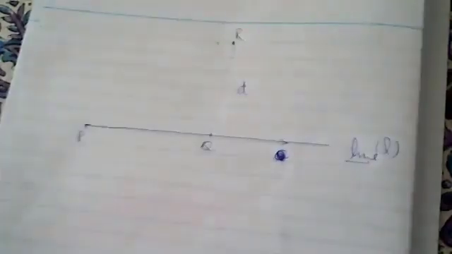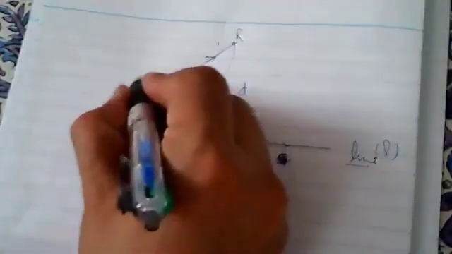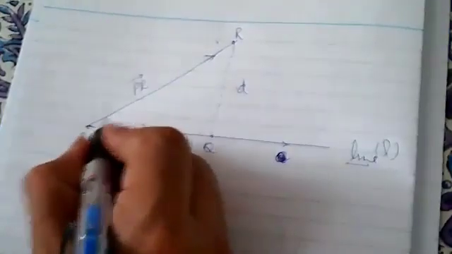This is a distance D we want to find from the point to this line L. Use the vector analysis approach. This is vector PQ. Join P with R. This is vector PR. Suppose this is angle theta.